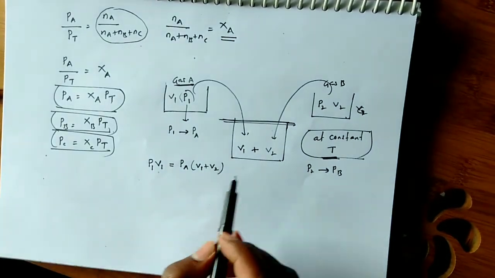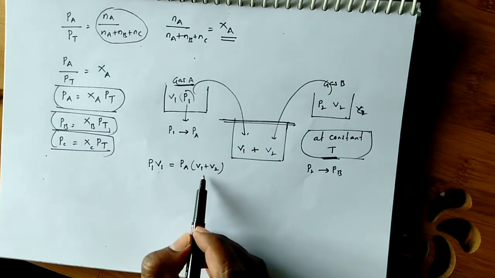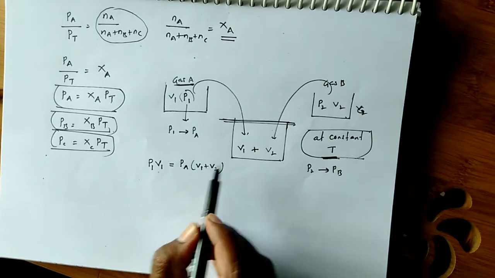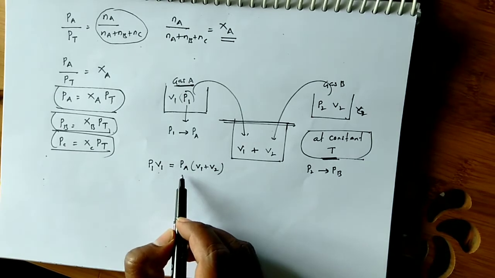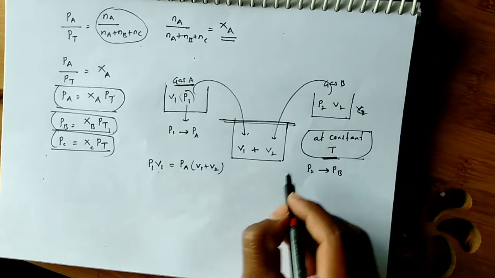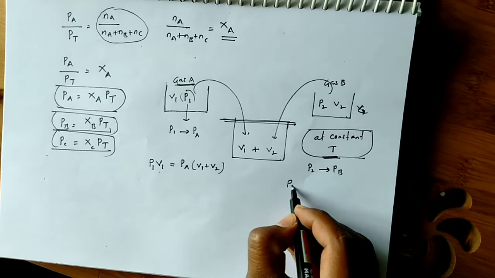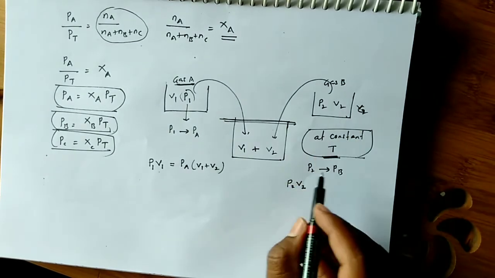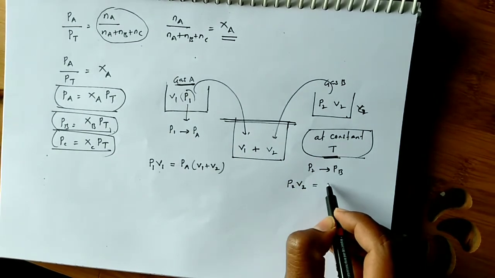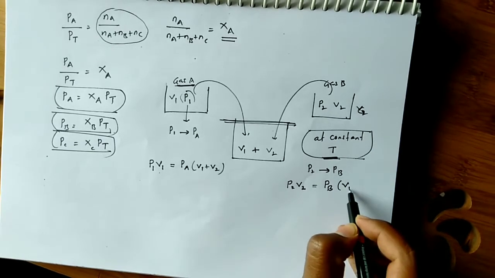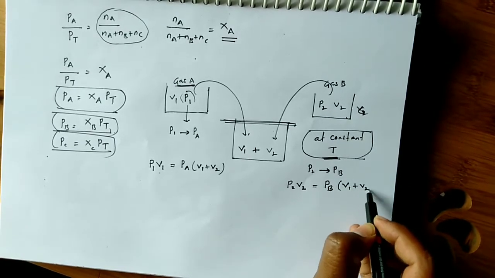So according to Boyle's law, before addition, after addition, P1 V1 equals PA into total volume, because after addition the pressure will be different. Similarly, before addition, P2 V2 for gas B. After addition, partial pressure of B into total volume V1 plus V2.